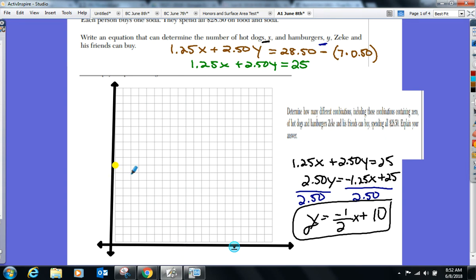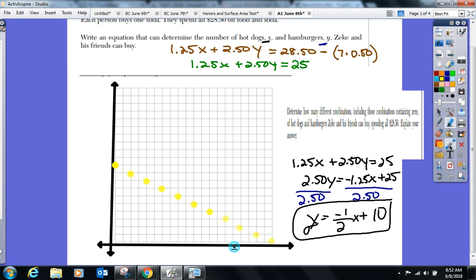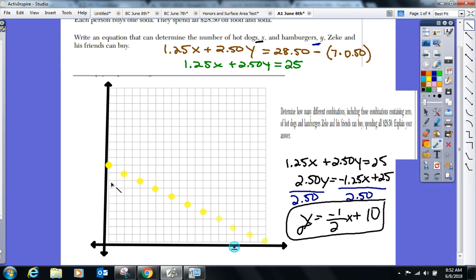Down 1 over 2. Down 1 over 2. We'll get there. There it is. Let's get the line. No need for arrows on it because, like I said, we're not dealing with negative numbers.